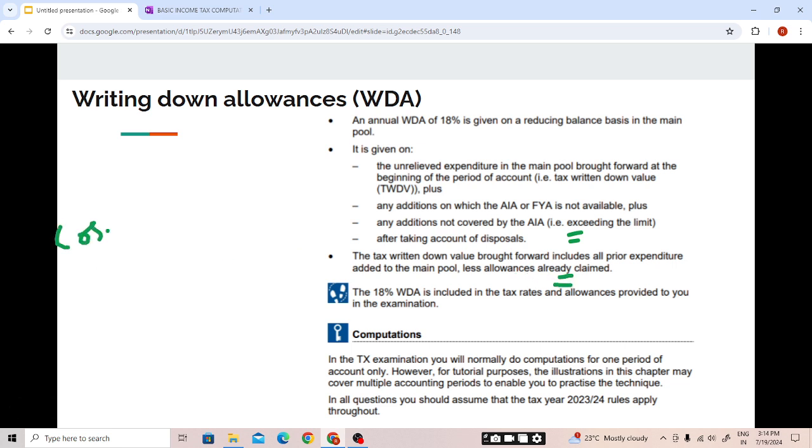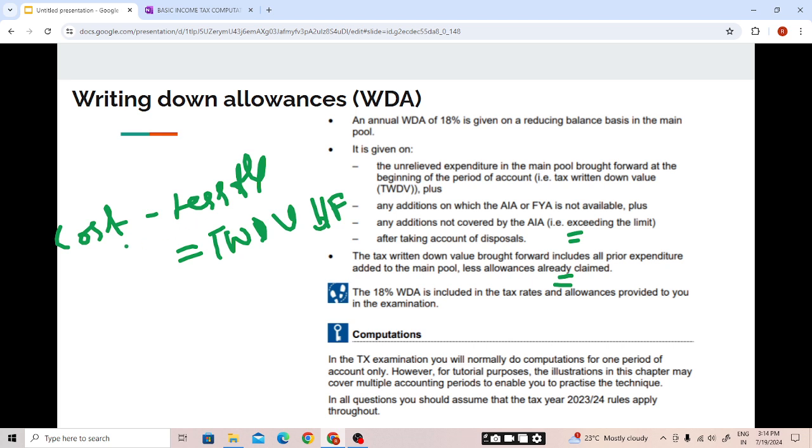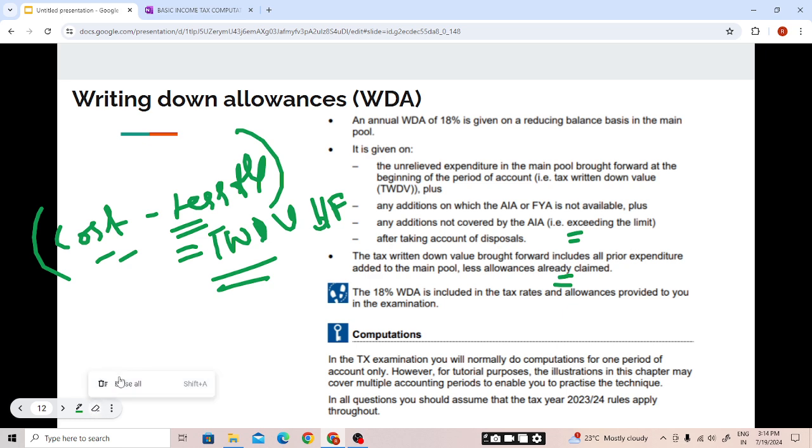So what was the cost? Less prior year allowances claimed, less allowances already claimed. This will give rise to the tax written down value brought forward. So cost less the allowance we have already claimed give rise to the tax written down value.